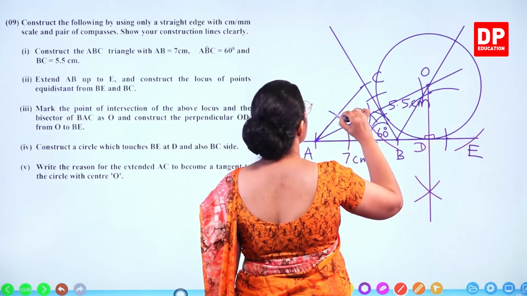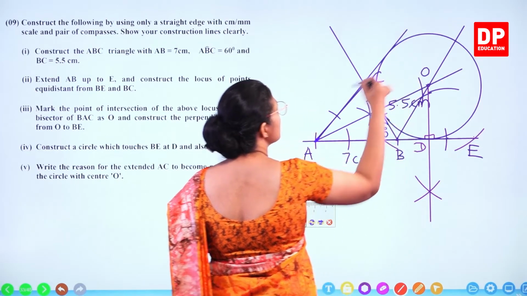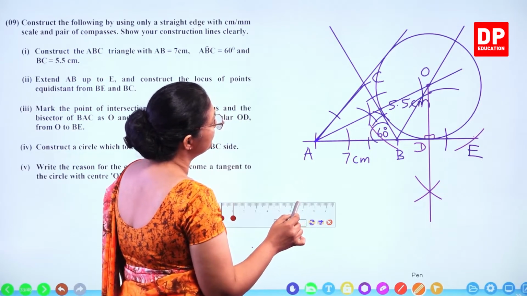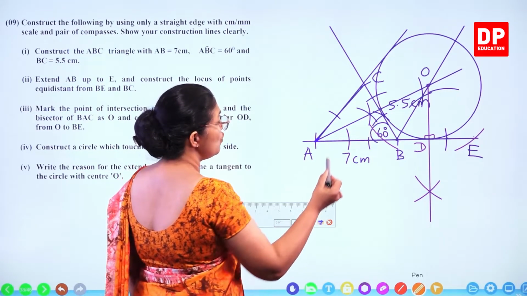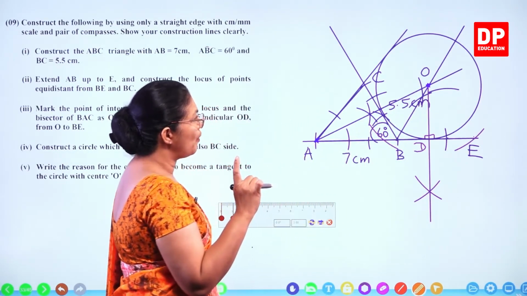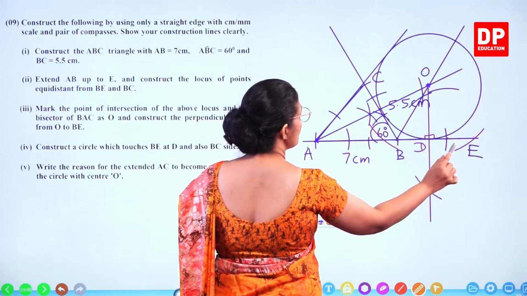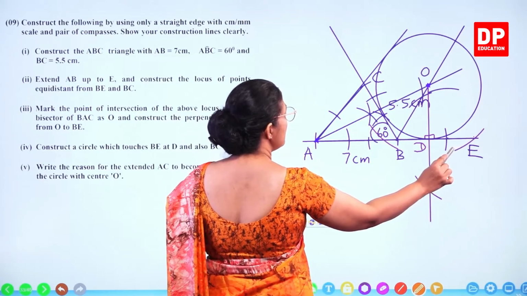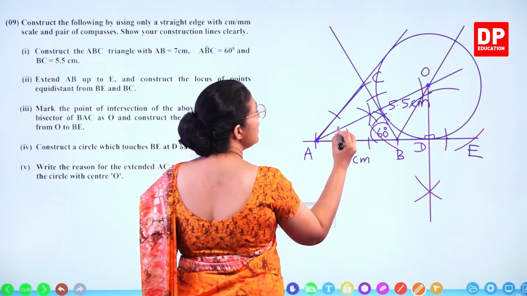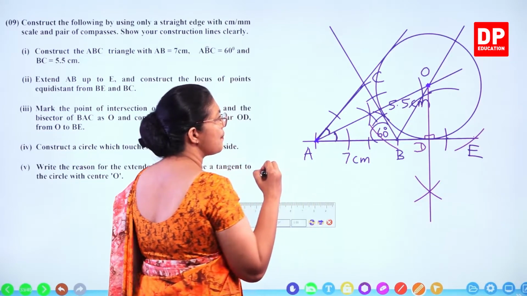Extended AC. So here, when you extend this one, it should be a tangent. What's the reason? We can see when you look at the center and this point, A is the outside point. So this is a tangent. BE is one tangent and AC is another tangent. Why? Here we drew the angle bisector. This angle is equal to this angle.